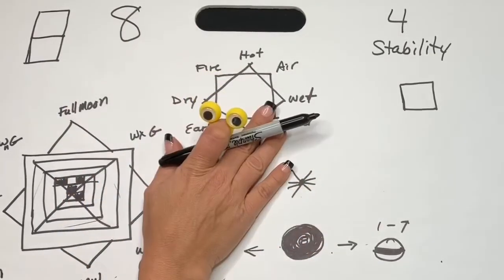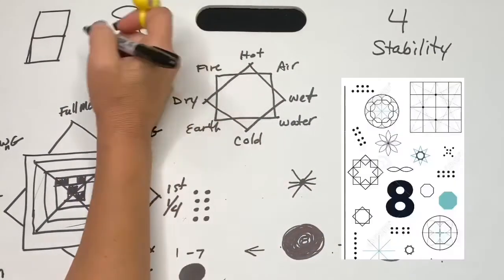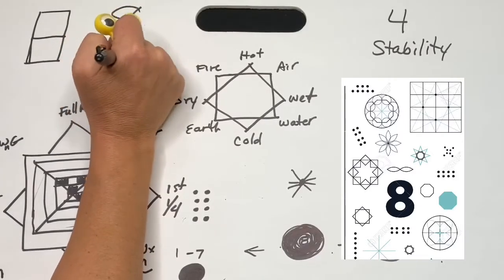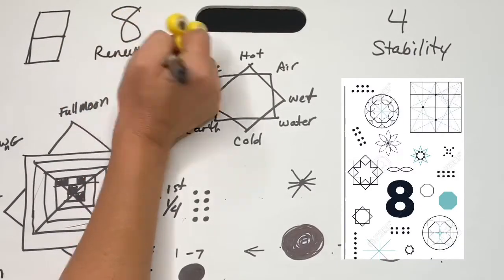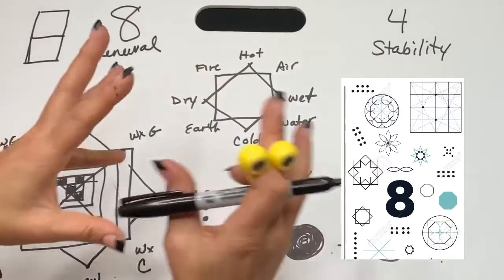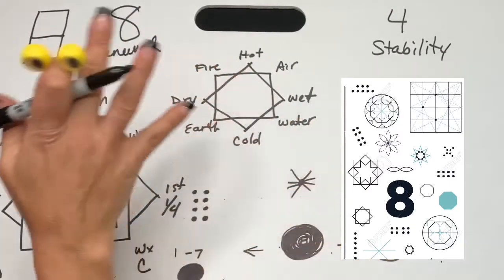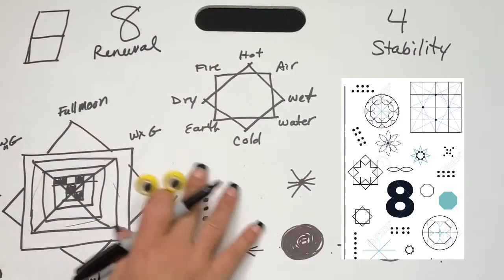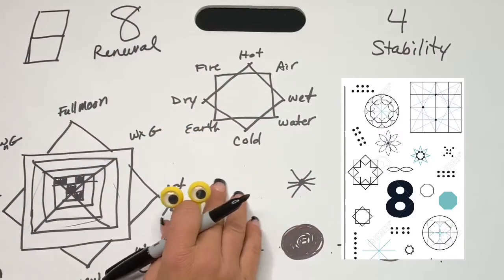So this year, as you go into your 8th year, you are in another phase of renewal, but at a higher level. You've just gone inside yourself at the 7, and you've worked on your inner nature. You've worked on what makes you happy.